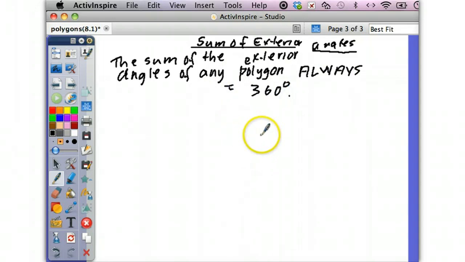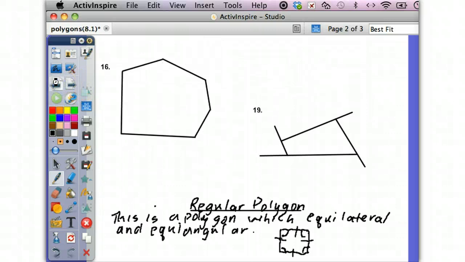Okay? So we're going to take an example pretty soon. In fact, let me go ahead and give you a worksheet to work on this example. Number 16 is on the worksheet and 19 is also on the worksheet. So let me take a minute and give you the worksheet so you can take a look at it.